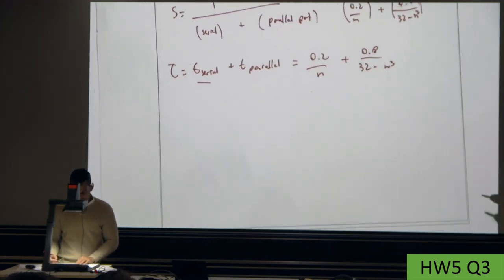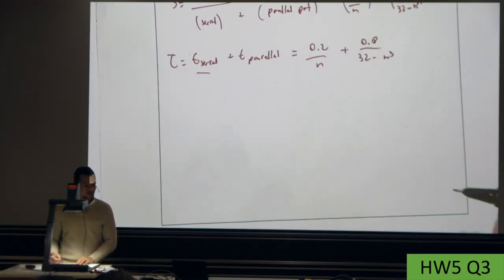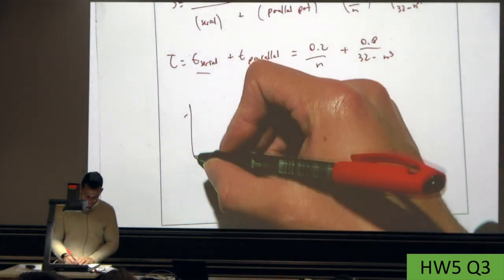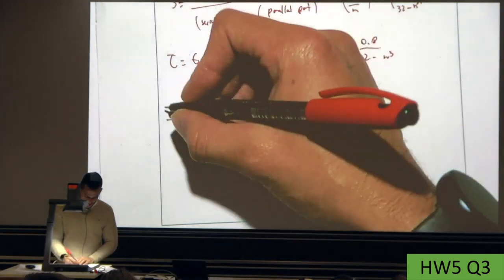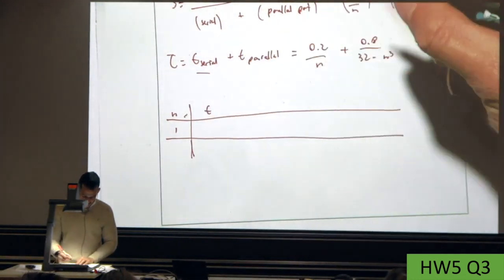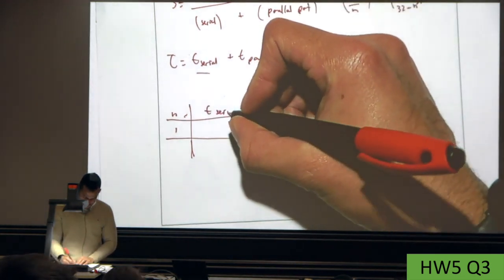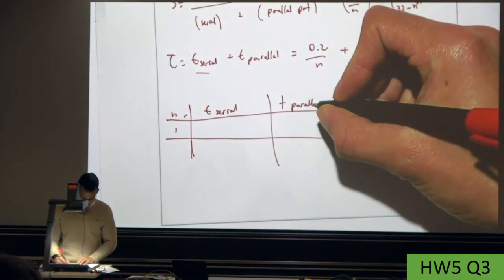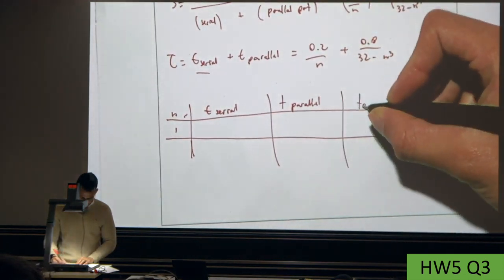For this, in the solutions, we test different values of n. So here, for example, you have n equals 1, and then you have the time for the serial part, the time for the parallel part, and the total time.